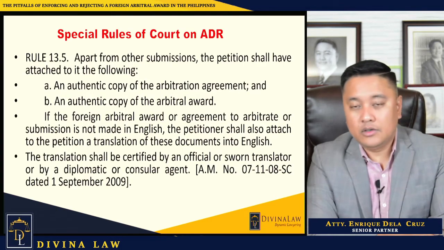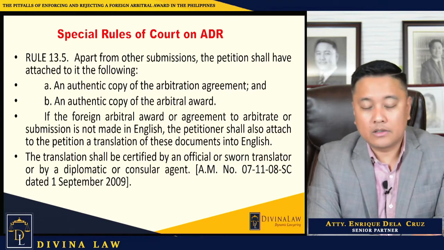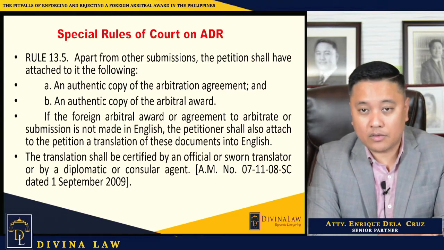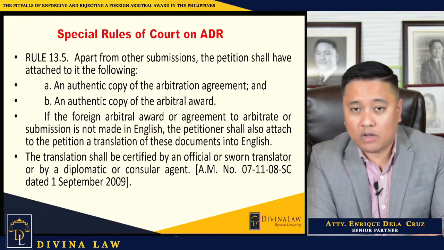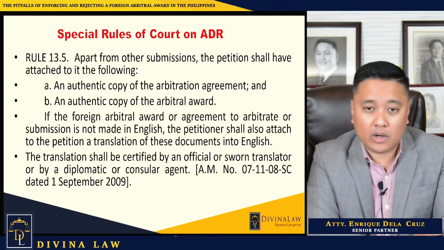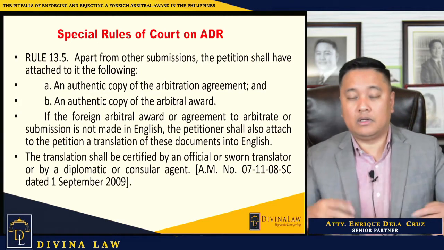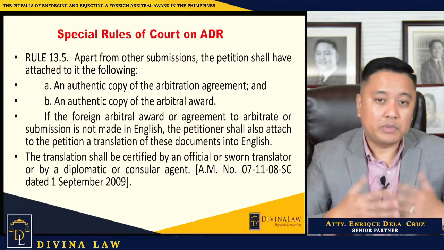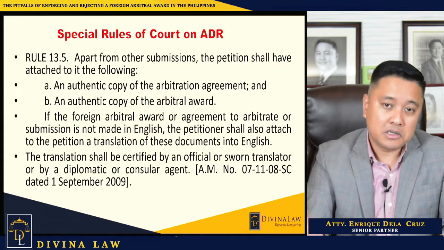Next, you need to attach a copy of the arbitration agreement and an authentic copy of the arbitral award. Sometimes there are confidential matters alleged in the award. You can ask the court to keep the matter confidential, because under most arbitral institutions, there is an institutionalized policy for confidentiality, but the courts may not follow that.